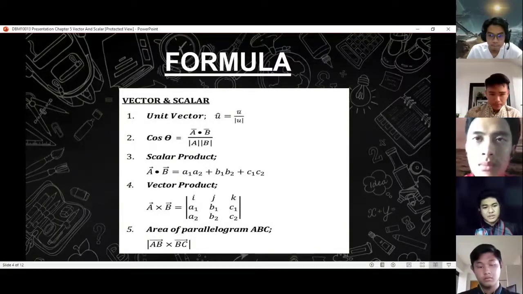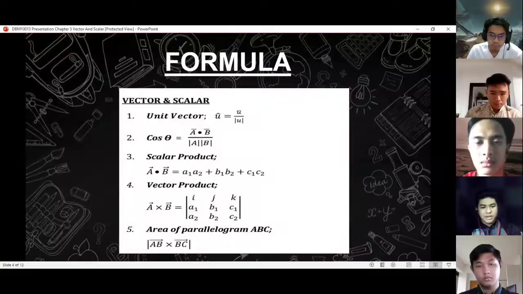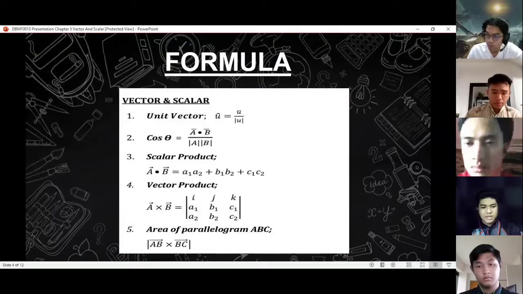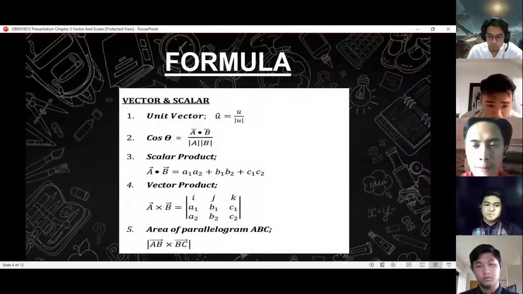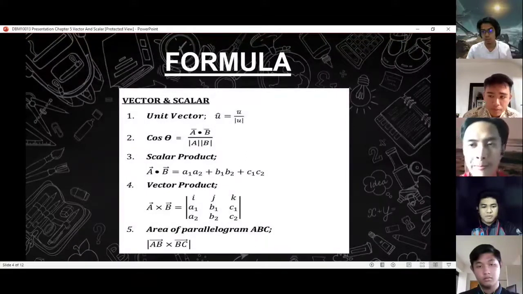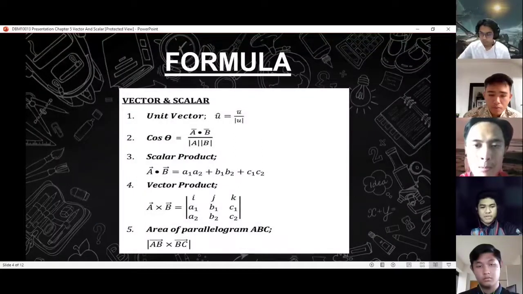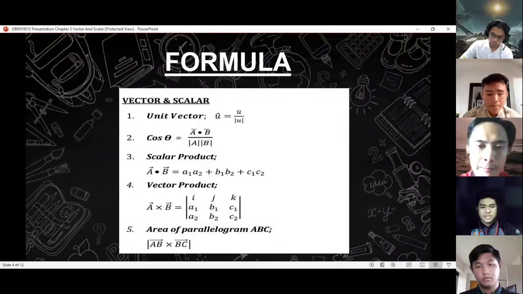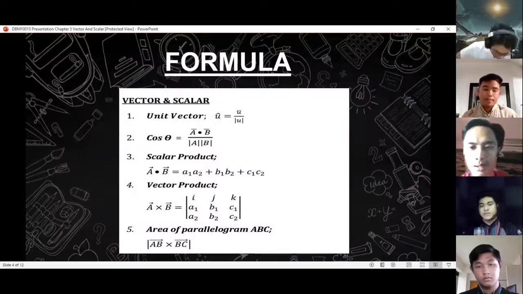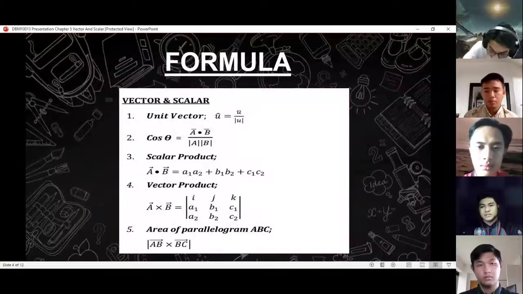And the vector product is where a times b equals the determinant method. The last one is the area of parallelogram ABC, which is magnitude AB times BC.